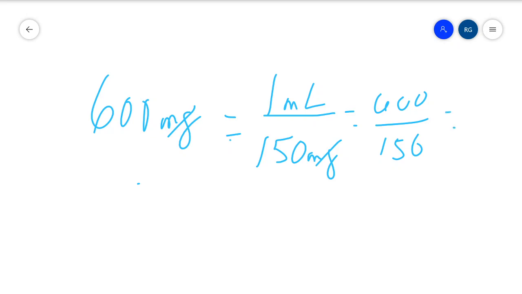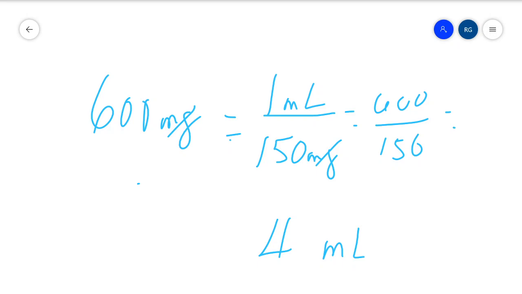So that leaves us in mils. And 600 divided by 150 should be 4 mils. Yep. Total amount to dispense is 60 mils. So the answer for A is going to be 4 mils of clindamycin.